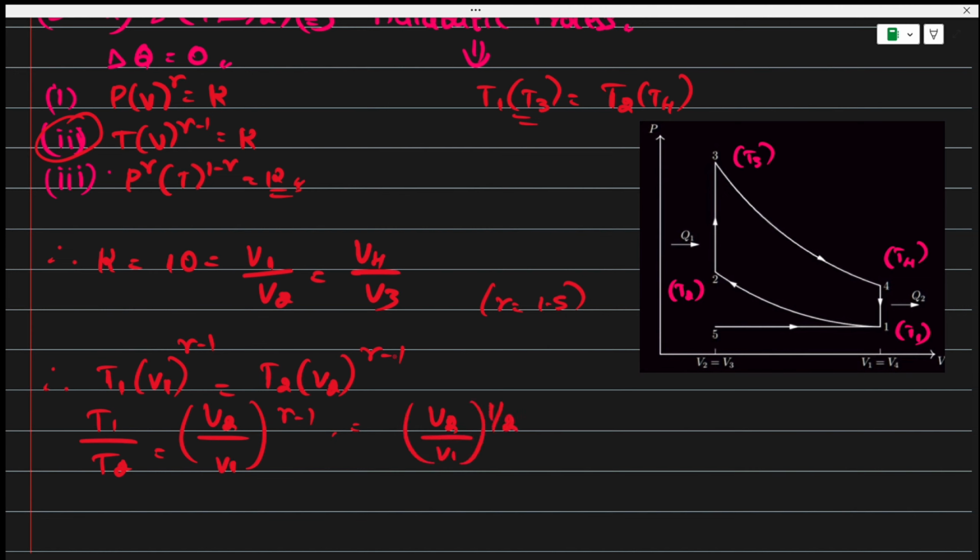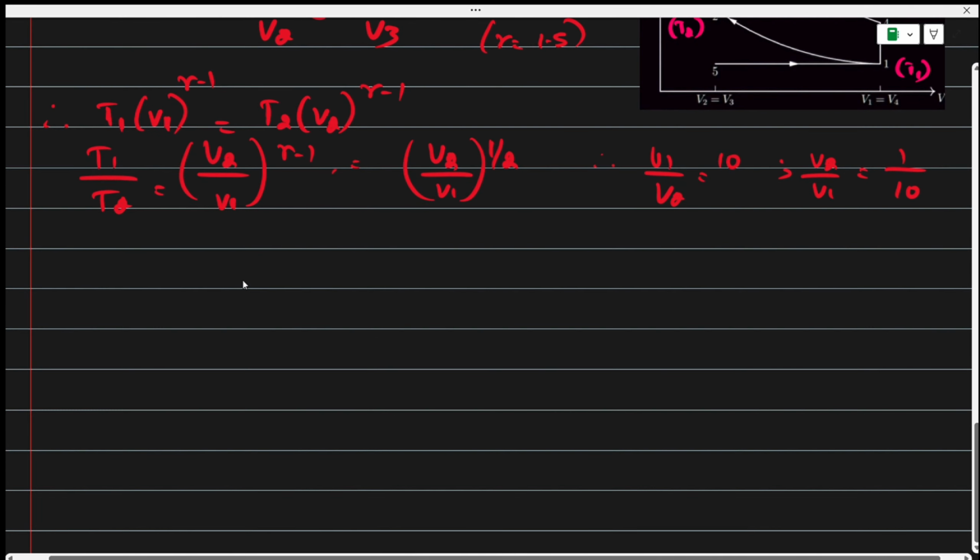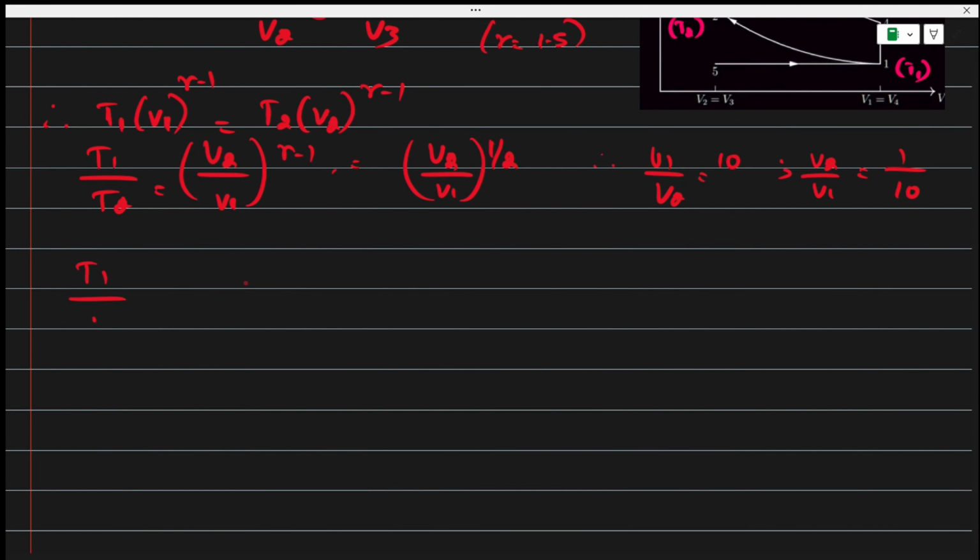Now V1 by V2 is equal to 10, which means V2 by V1 is equal to 1 by 10. So let's substitute it: T1 by T2 is equal to 1 by 10 to the power 1 by 2.